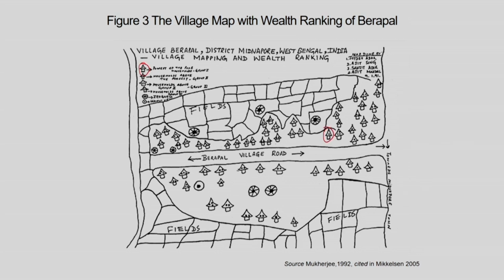Households above the poorest are group 2, which has 2 dots, and households above group 2 are referred to as group 3, so it has 3 dots. Households above group 3. Here, these are all irrigated wells.